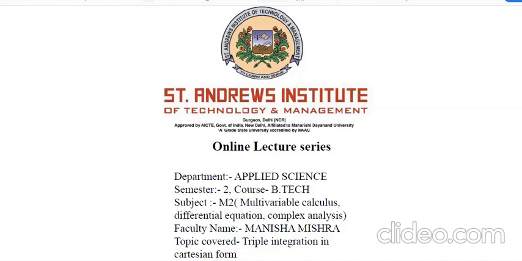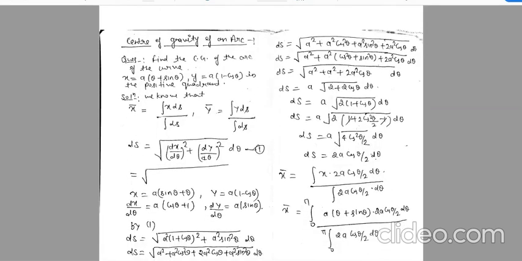I told you about center of gravity in the form of x and y in our previous session, and today this is our center of gravity of the arc of the curve.